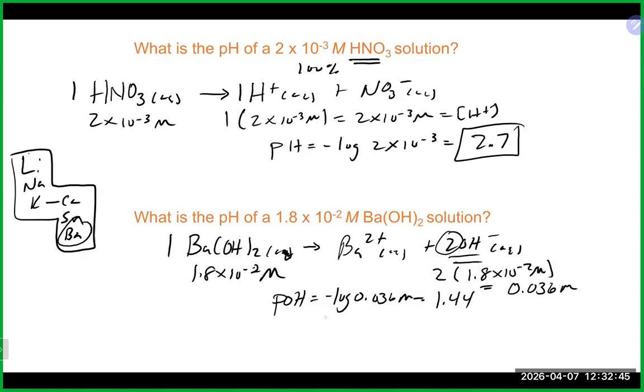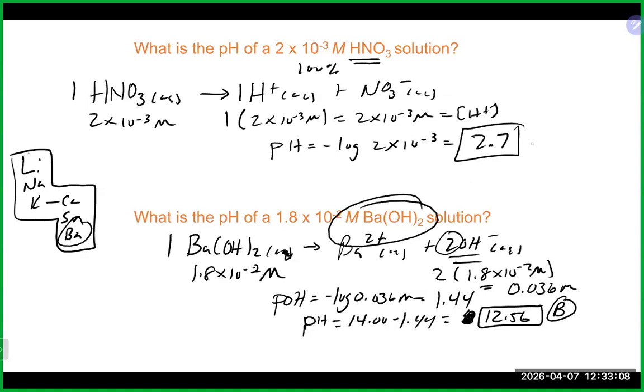Now, obviously, at this point, all we have to do to get to our pH is take 14 minus 1.44, which gives 12.56. There you go. This one is definitely basic because it is a base, right? And the previous one was acidic because it is an acid.